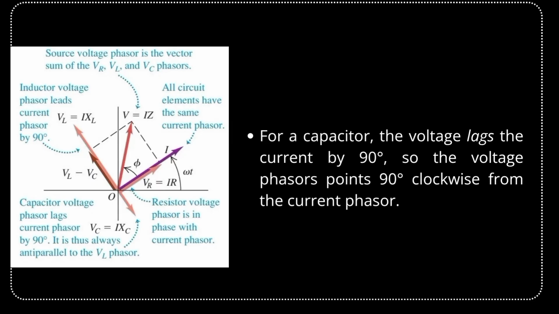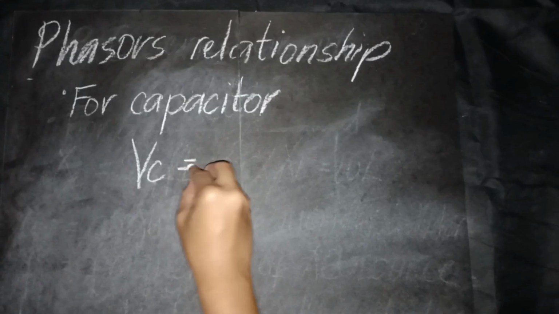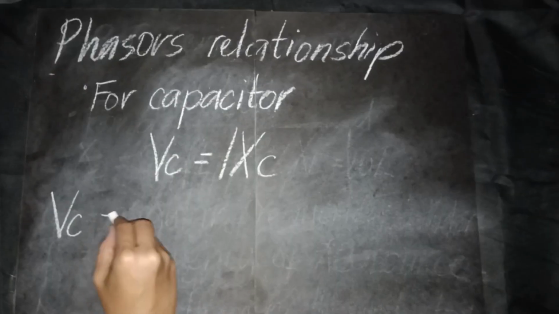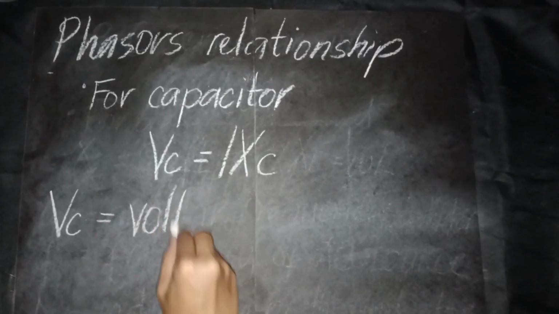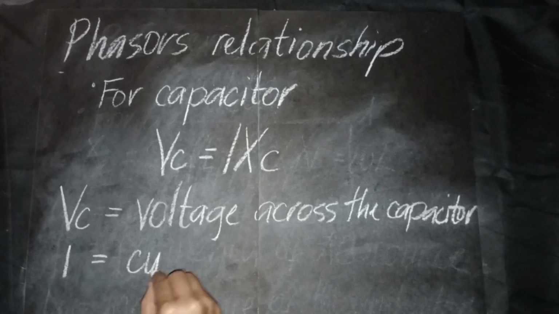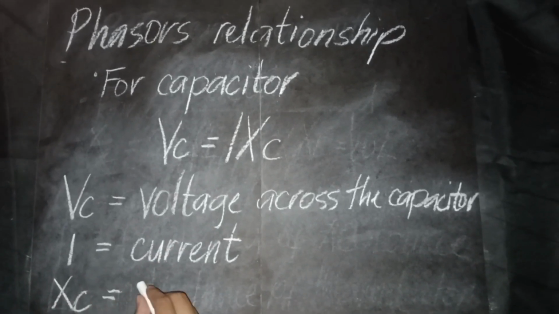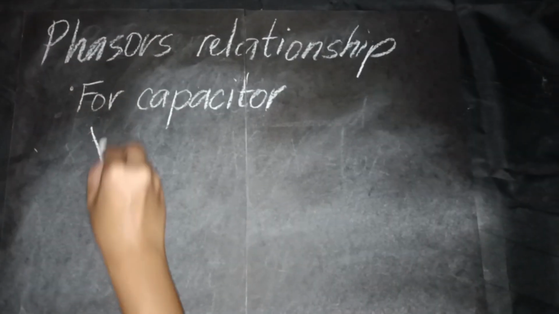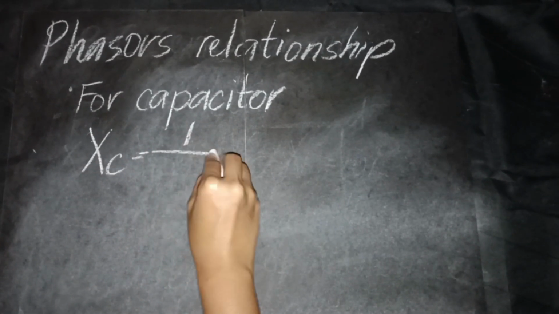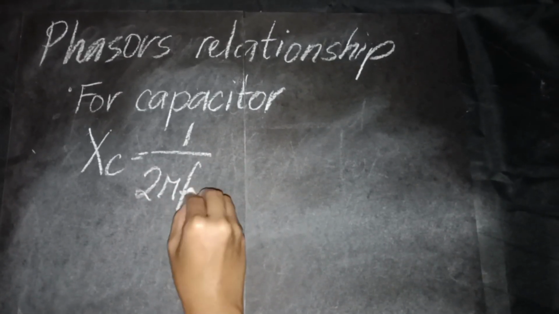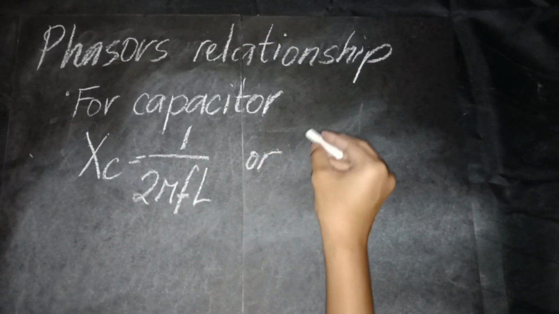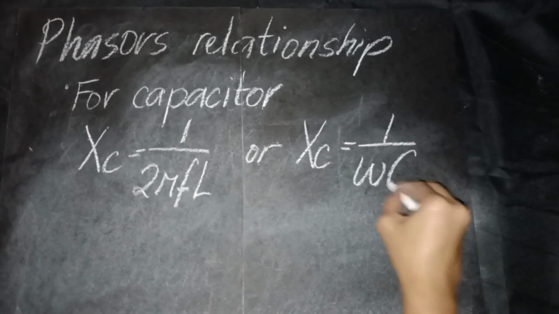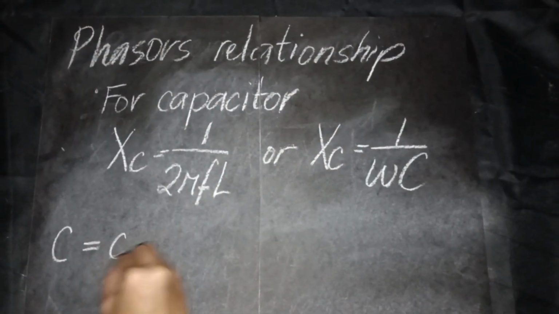Its voltage amplitude is VC equals IXC, where VC is the voltage across the capacitor, I is the current, and XC is the capacitive reactance, which can be calculated as XC equals 1 over 2 pi FC, or XC equals 1 over WC. And C is the capacitance of the capacitor.